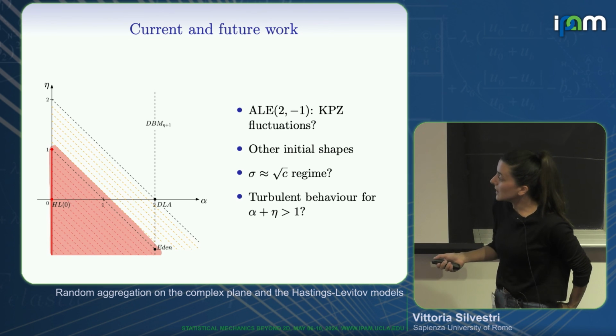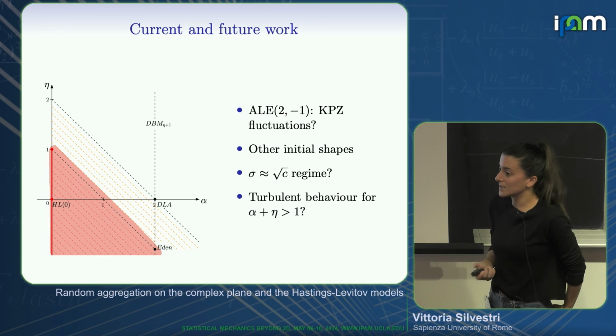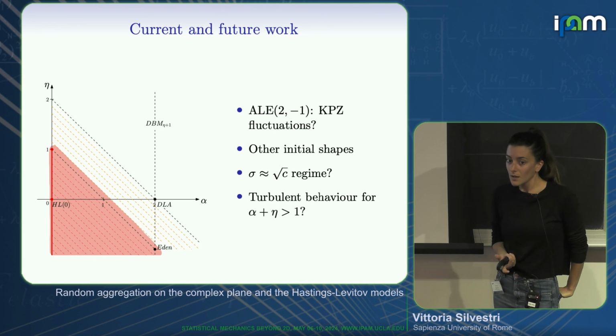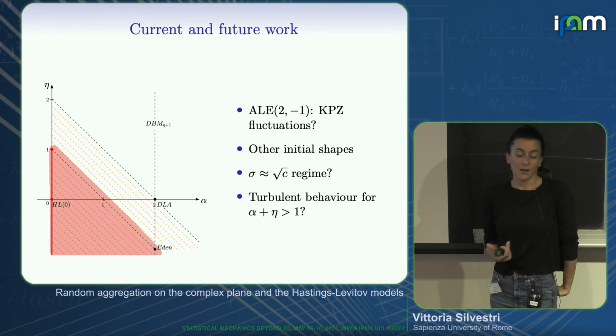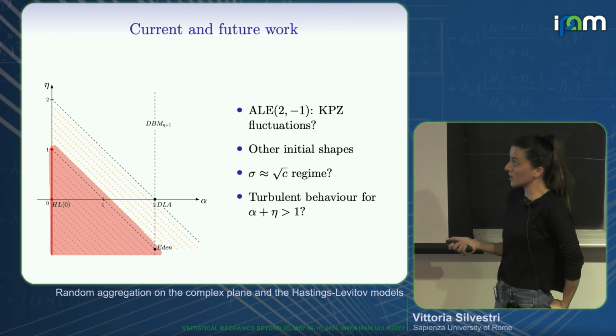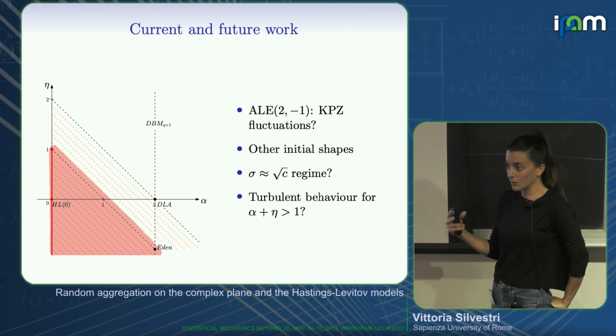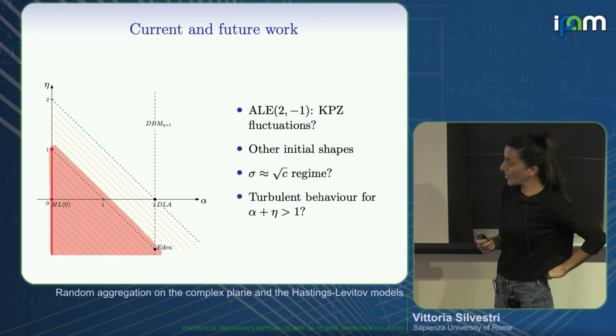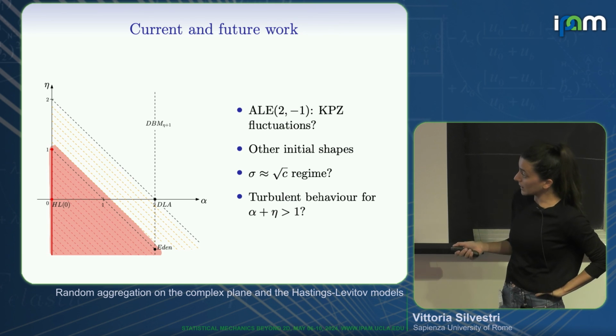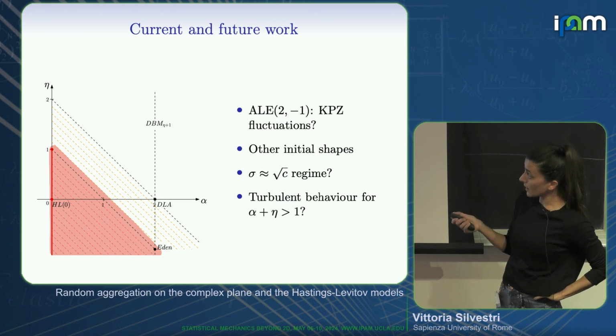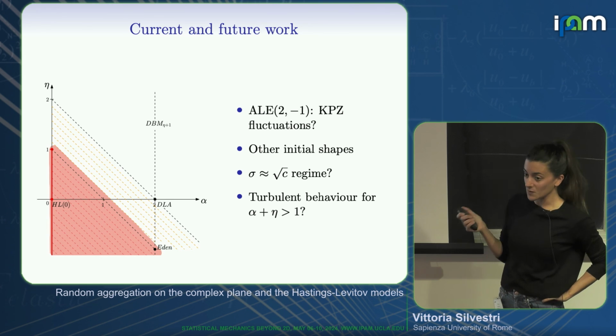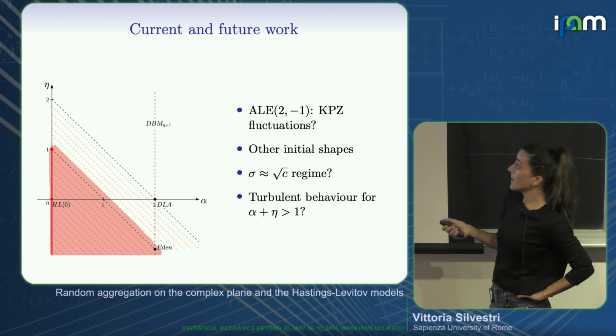Well, in the Eden case, as I said, we see Gaussian fluctuations, which tells us that the regularization parameter was too large. So sigma was going to 0 too slowly. We regularized too much. And what you expect for Eden is KPZ fluctuations. And this is work in progress with James Norris and Amanda Turner.